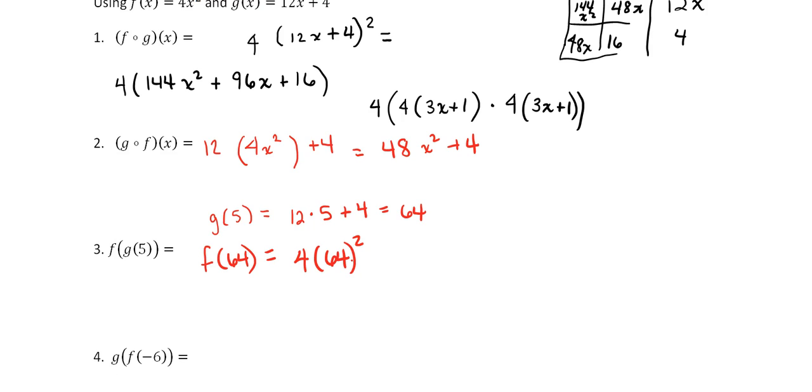So my 4x squared is going to be my innermost, right? My f of x, or f of negative 6, is going to become 4 times negative 6 squared. So that's my f of negative 6. So I'm going to have 4 times 36.